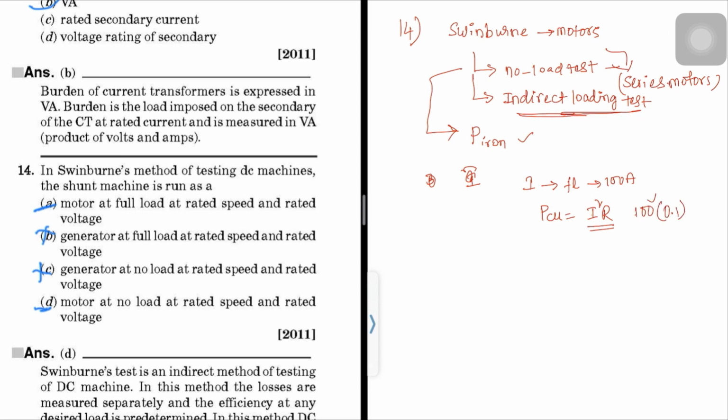So mathematically I can calculate the copper loss at any particular load, and since I know the losses, I can calculate efficiency without loading the machine. This is not an accurate efficiency, but still I am calculating efficiency without a loading test. So this is called the indirect loading test.